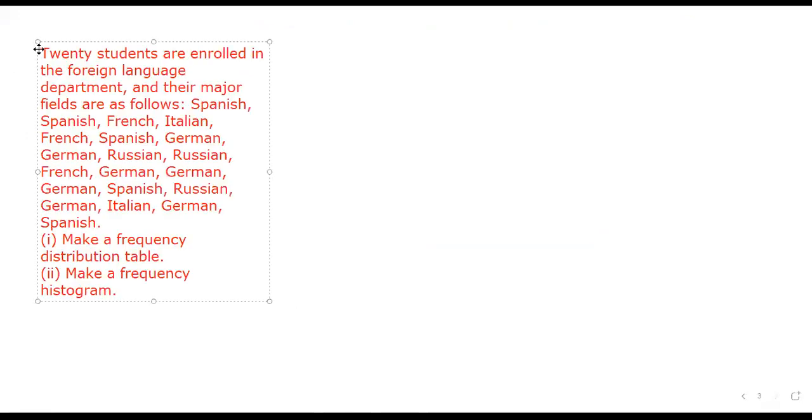We've been told that there are 20 students enrolled and their major courses are as follows. We have Spanish. What other subjects do we have? We have French. What else? Italian. German.